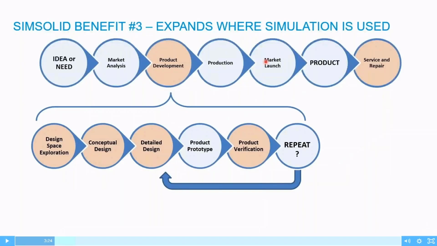Because of these two benefits, we get one derived benefit, which is called design space exploration during product development. I'm sure you know this term, in the sense that you explore as many options or concepts as possible through some algorithmic means by simulation.